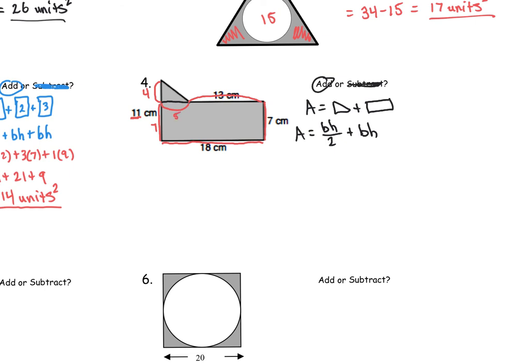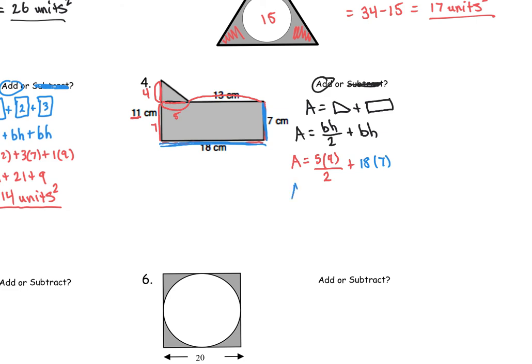So let's go ahead and plug in everything we have. We know that the area is going to equal the base of the triangle, so this bottom side here is 5, times the height, which is the side that's going up and down, that's going to be 4 for the triangle, all over 2, plus the base of the rectangle, down here at the bottom of the rectangle is 18, times the height of the rectangle, which is 7.